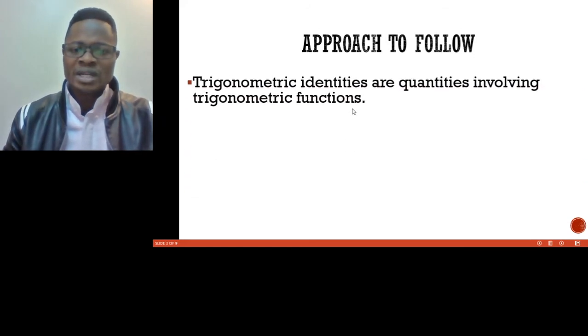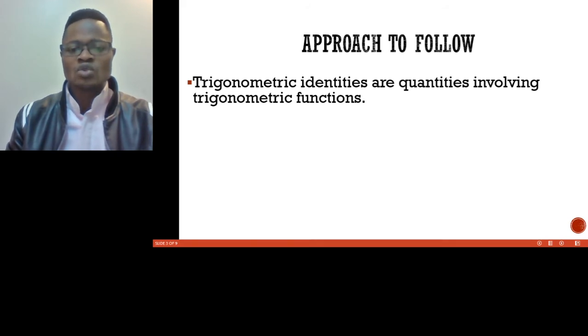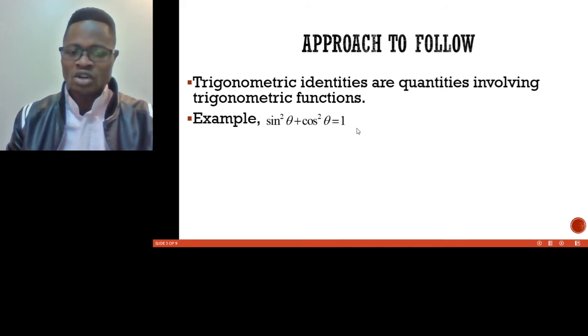One, trigonometric identities are quantities involving trigonometric functions. You have to always remember that it is not just an identity, it involves trigonometric functions. And when we prove them, we try to ascertain that those functions are actually correct. Assuming that you are given sine squared theta plus cos squared theta equals 1, how do we arrive at this conclusion?